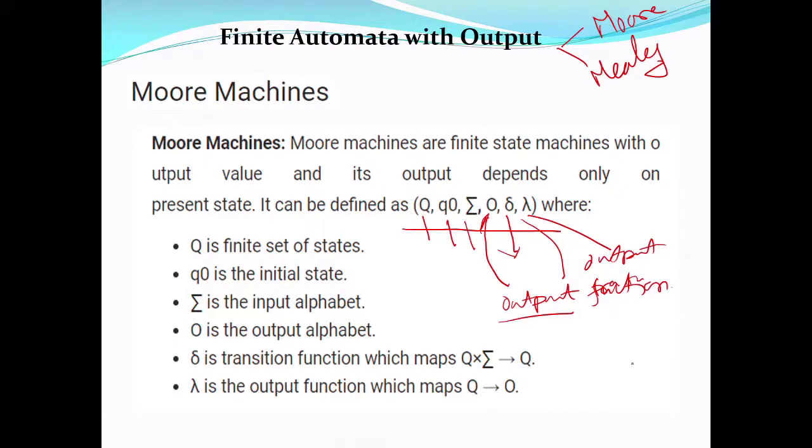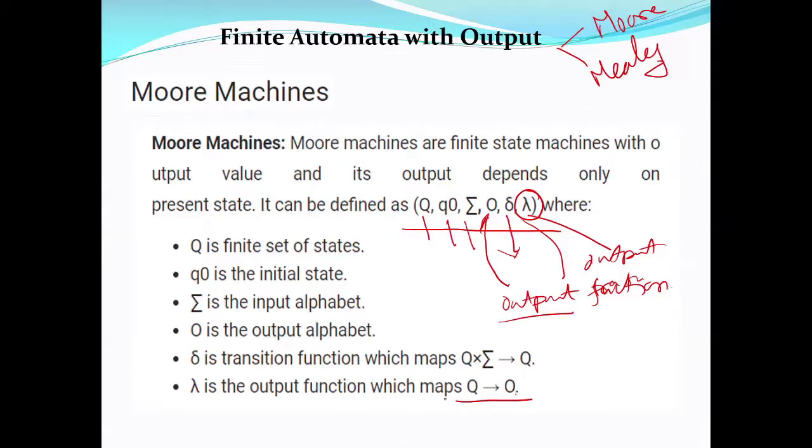Right. So when you go for a Moore machine, the change lies in lambda. Whether it is a Moore machine or a Mealy machine, you can decide based on your lambda. If the output function maps from Q to O, that is, states to output alphabet, then what happens?